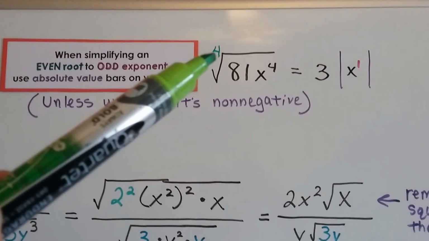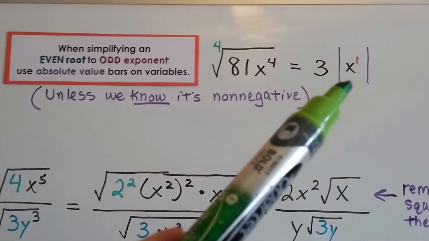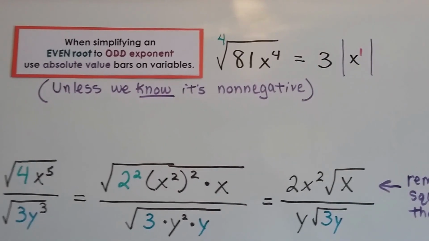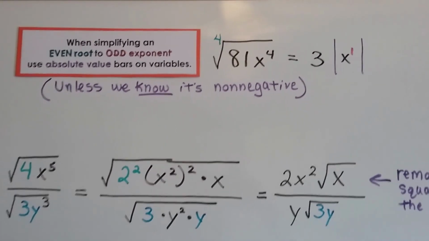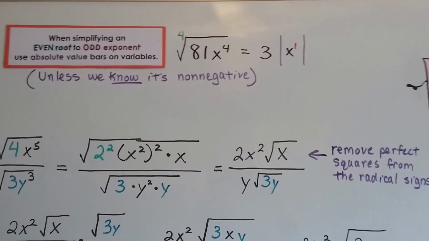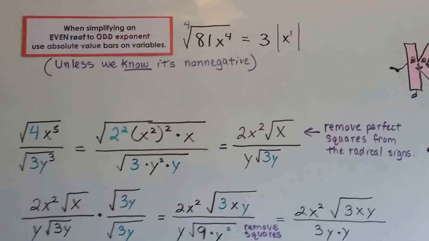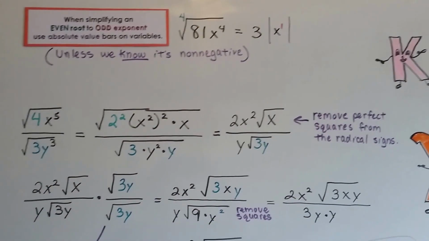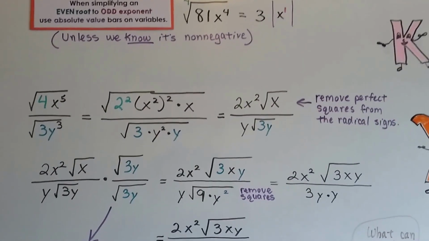So here's an even root of 4, and it's being simplified to just an x, which is really x to the first power. So we're going to put that x inside of absolute value bars, okay? Some teachers don't require you to do it, but many do, and if you see it as an answer on a test, you want to make sure you know what you're doing and why they're there, okay? Went from even to odd, all right?